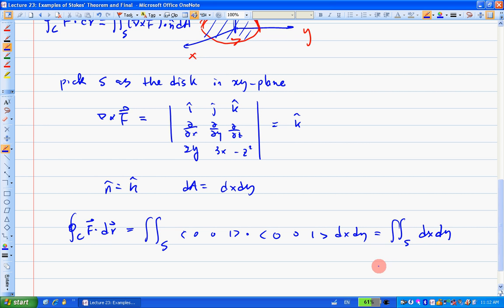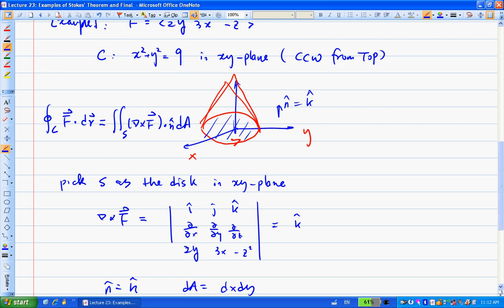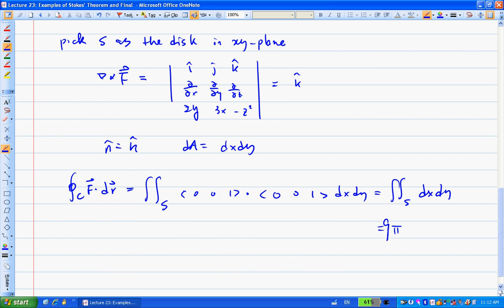You don't really need to do any further calculation in Cartesian coordinates, because this gives you the area of the surface S. This surface S is the disk, so it's basically the area of the circle. That's pi r squared, and the circle has radius 3, so that's 9 pi, right?